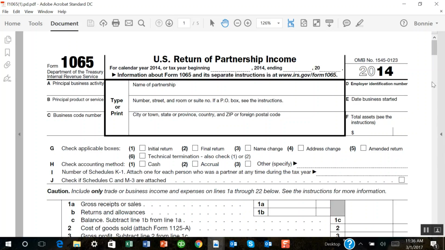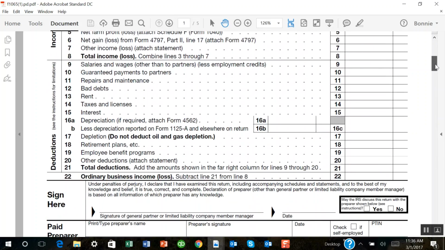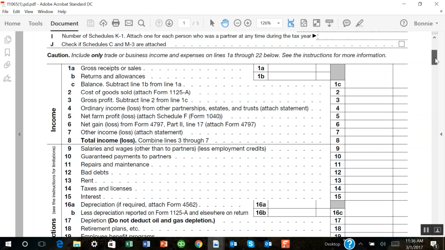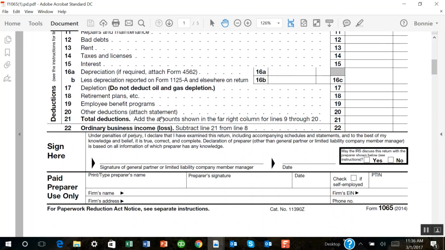So then the rest of this page is used to show the items of income and expense, minus all of the applicable expense, that foot down to, or sum down to, ordinary business income on line 22.